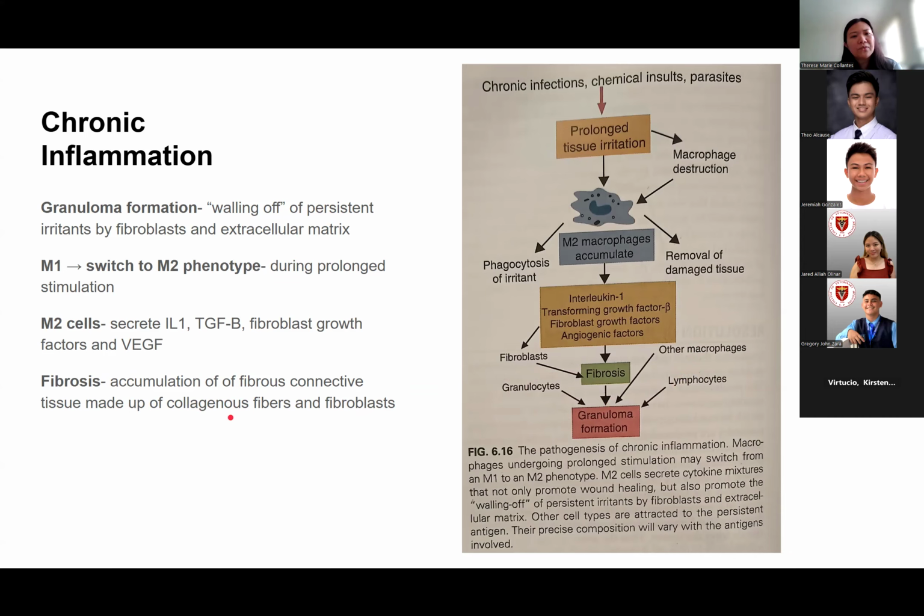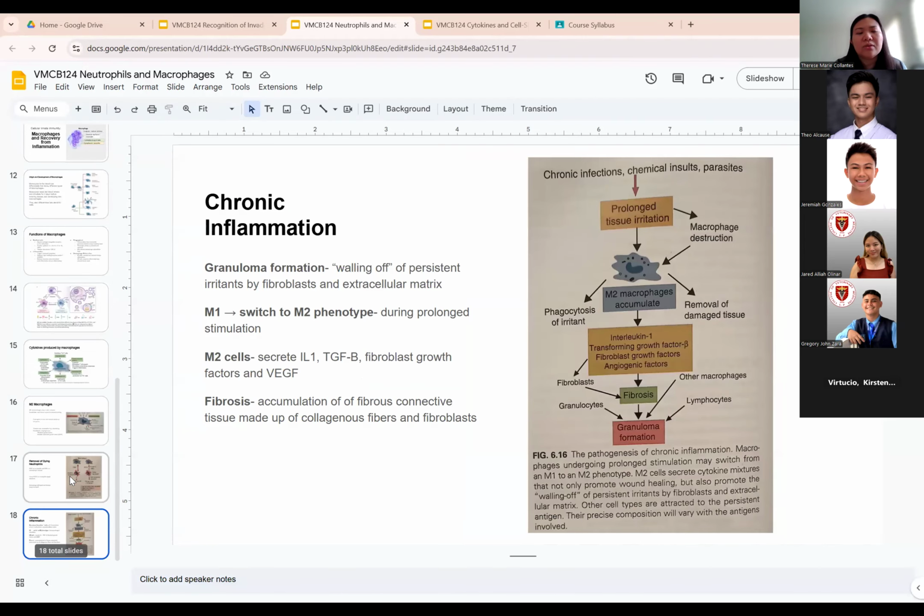So this is how your M2 macrophages contribute to chronic inflammation. If it cannot phagocytose the irritant, it will stimulate the walling off of the irritant. Sorry, I wasn't able to include that slide.